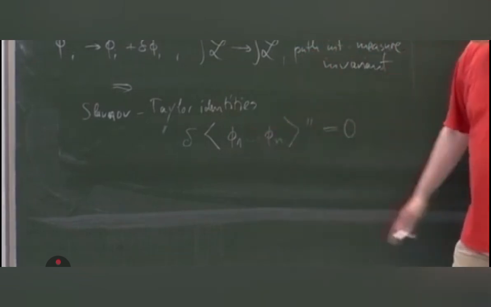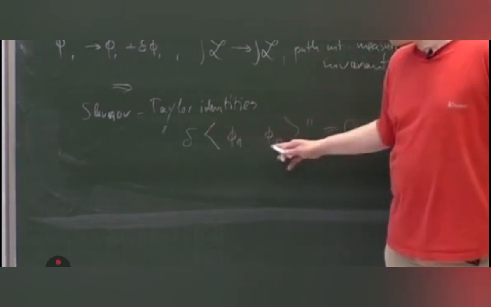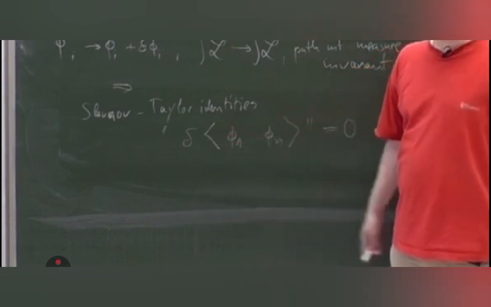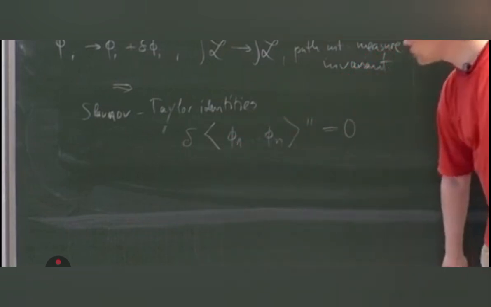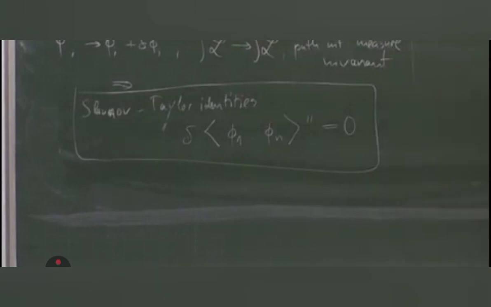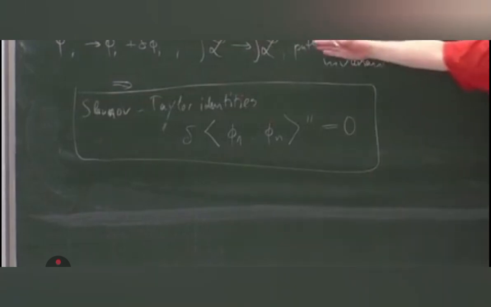And so that was a shorthand notation for the sum of green functions where you apply the variation on any field individually and sum them all up. These are Slavnov-Taylor identities, and they can be derived directly with a very simple calculation from the path integral using this condition.